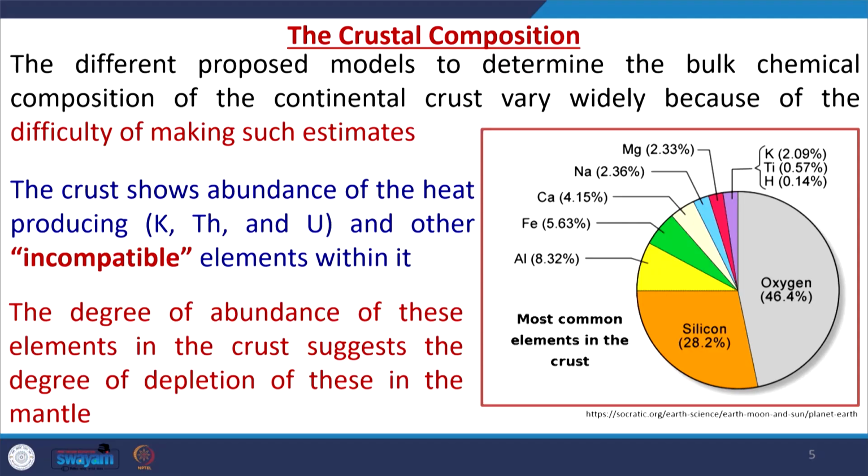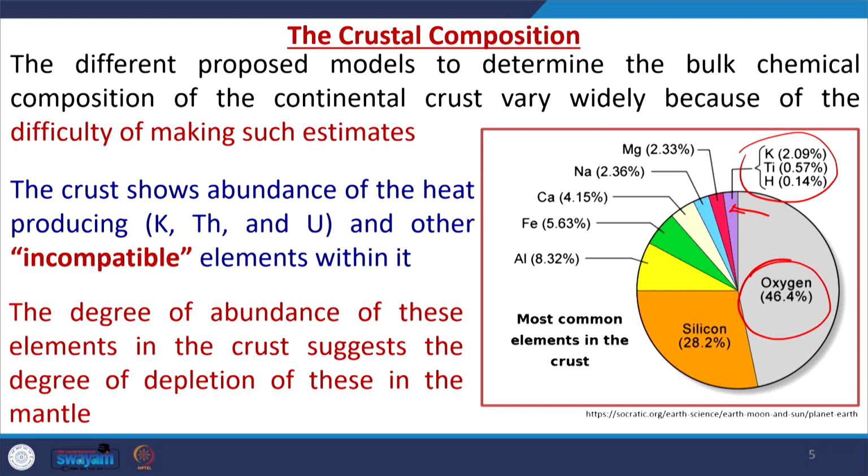Now, if you see the composition of the continental crust, it is mostly composed of oxygen, and very important are the radioactive elements. Different models have been proposed for the bulk chemical composition of the continental crust, but some of them are acceptable and some are difficult to accept.